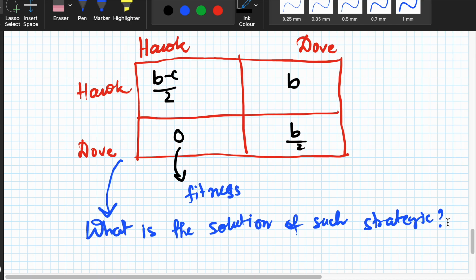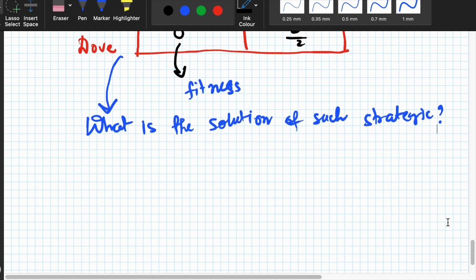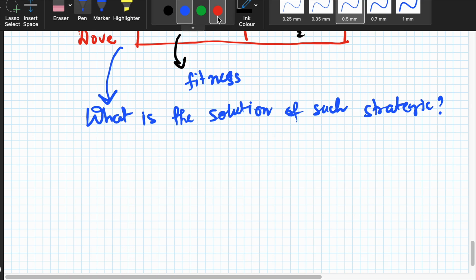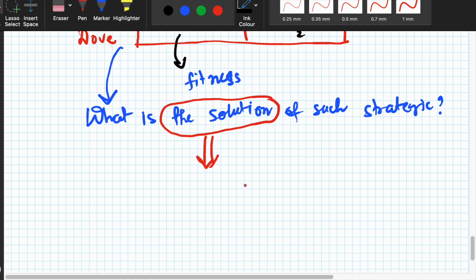So what do I mean by the solution? As we have talked about the solution in the case of Nash equilibrium and sampling equilibrium, the solution is nothing but a state which is in equilibrium, which will not change.